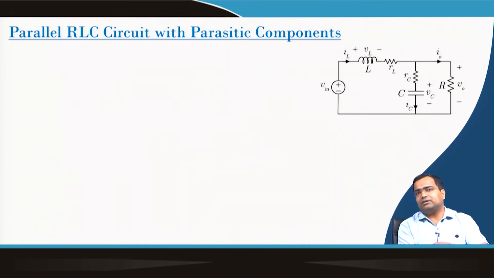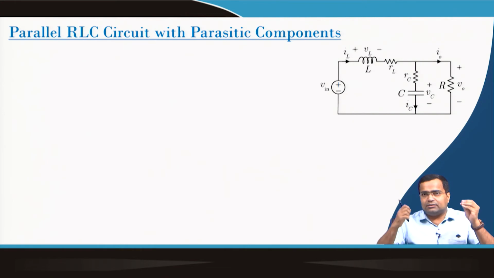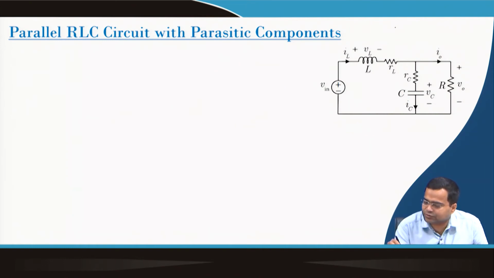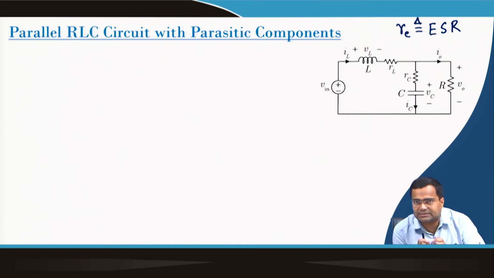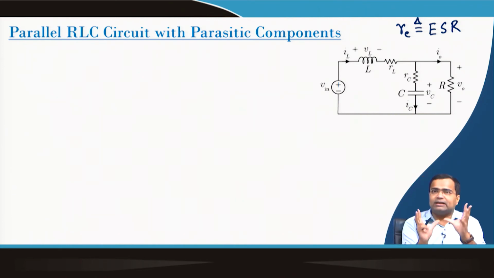After simplification of the real part and imaginary part, all this real part can be clubbed together to get what is called the equivalent series resistance, which is RC, known as ESR, the equivalent series resistance of the capacitor. It is not a physical resistance, not a pure resistance, because it is an equivalent resistance, which is also a function of frequency.